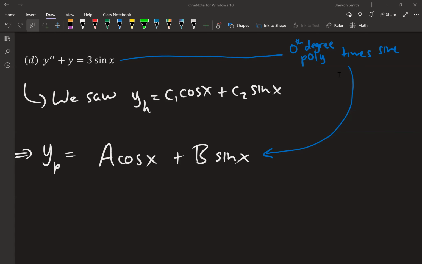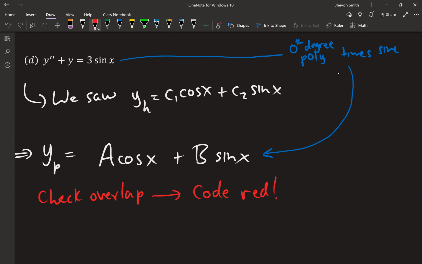Right, and Jason realizes, hey, that's a problem. So now when you check overlap, you realize code red. There is a problem. This is exactly like that. As far as linear independence is concerned, it's the same thing. My homogeneous is a constant times cosine plus a constant times sine. And the guess that we just made is a constant times cosine plus a constant times sine.